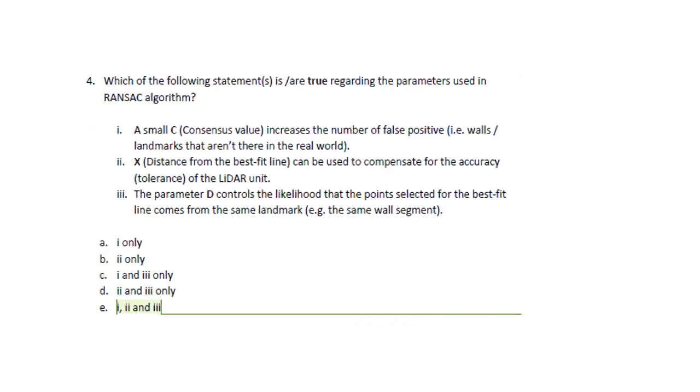Okay, now for the last question here: which of the following statements is true regarding the parameters used in the RANSAC algorithm? A small consensus value increases the number of false positives that are in the real world.